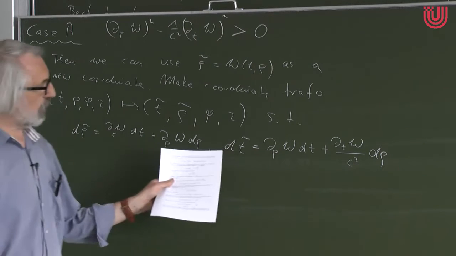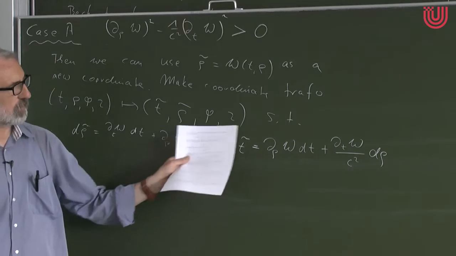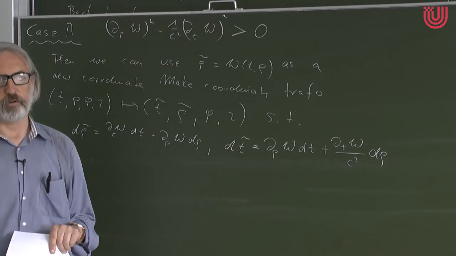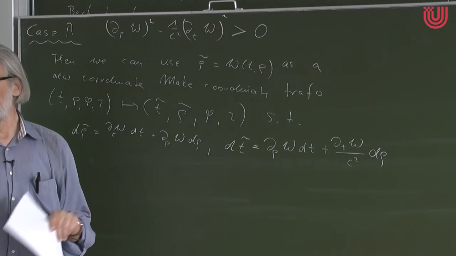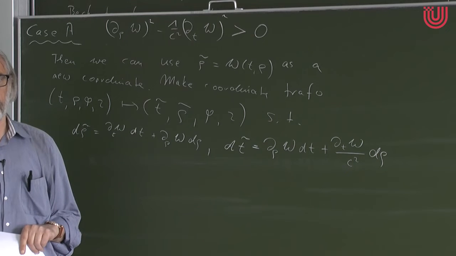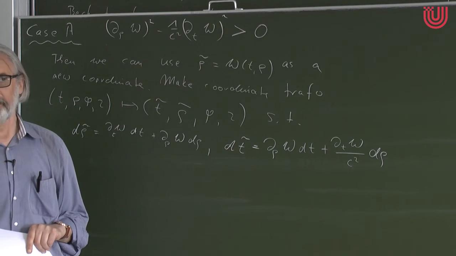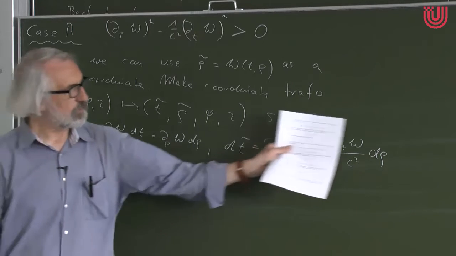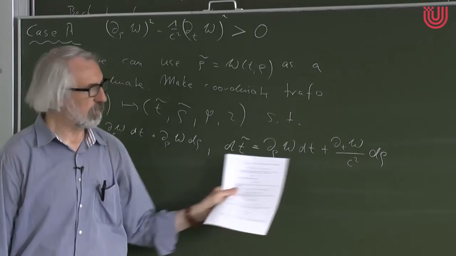Does a function t tilde always exist so that this equation holds? Or is there maybe an obstruction against this, which we have to check? Is every expression of this form a differential of something?